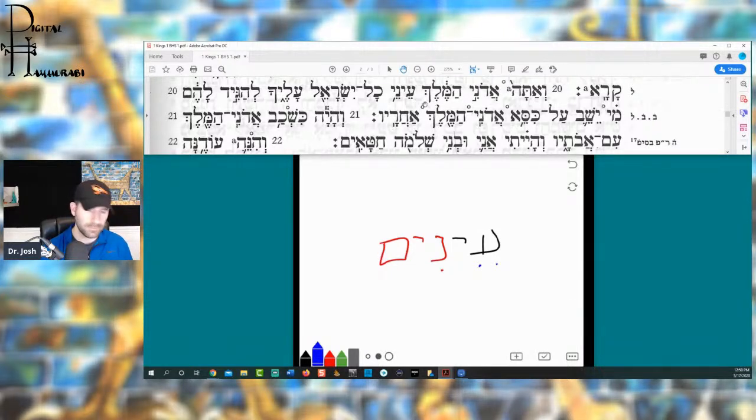Okay. And if it goes into the construct form, we want to say the eyes of something. It loses that final mem, and that becomes a tsere. So e'ne, the eyes of. So that's where that form comes from. The eyes of all Israel. And notice this word kol can mean each, every, all. It just depends on how it's being used in the context.